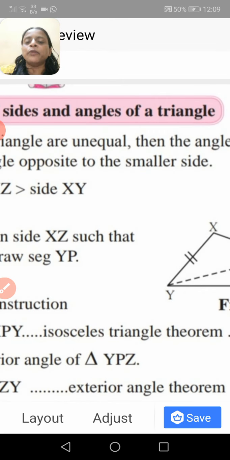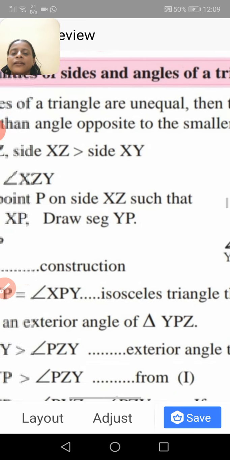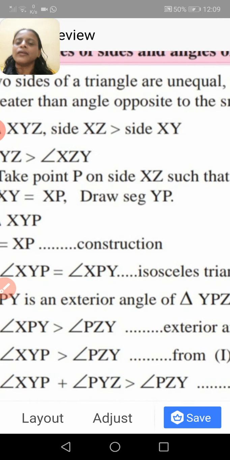Inequalities. What do you mean by equality? When two expressions are written on the two sides of an equal to sign, then it is an equality. Then inequality, as the word itself says, means the two expressions are not equal.